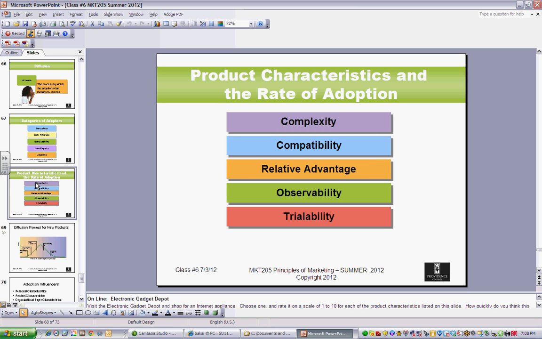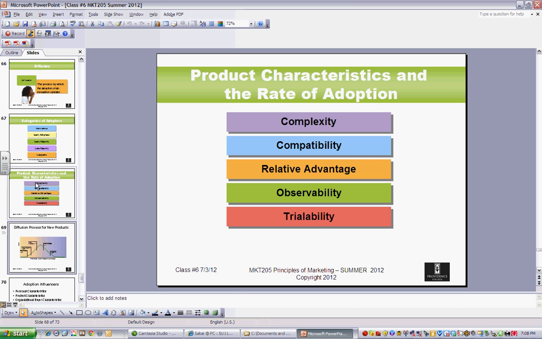A good example is when we went from LPs to CDs, and then CDs to MP3 players, most notably the iPod, and the costs associated with transitioning from one to the other. All these things have an influence. Is it easy to try? Is it complicated? That all has an impact on rate of adoption.